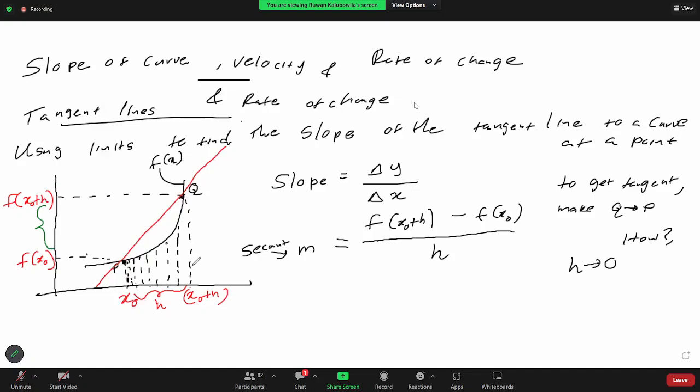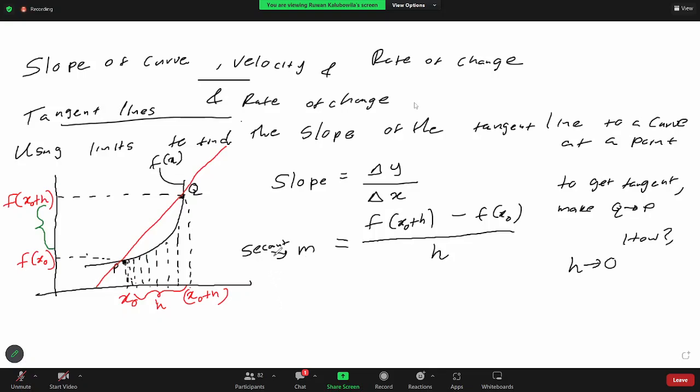Then this Q point is really close to the P. So h approaching zero means you have to use the limits you have learned earlier. Approaching this h to zero means you are taking the limit.